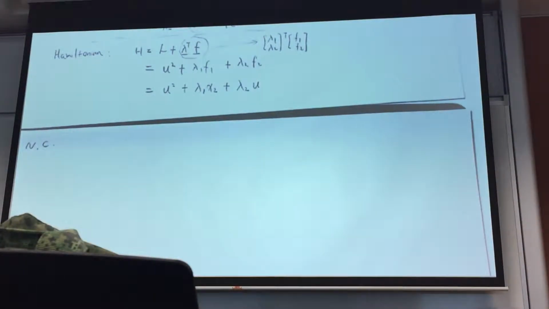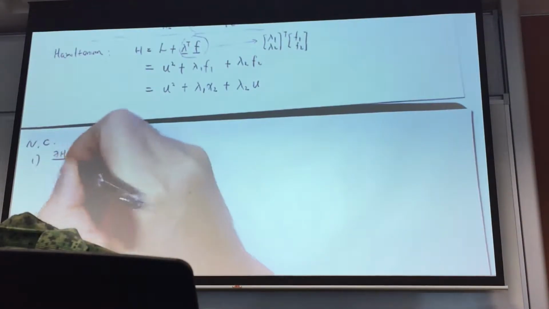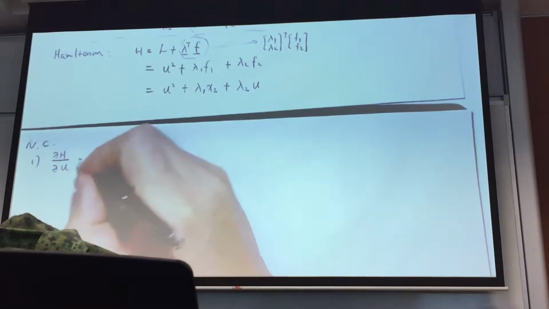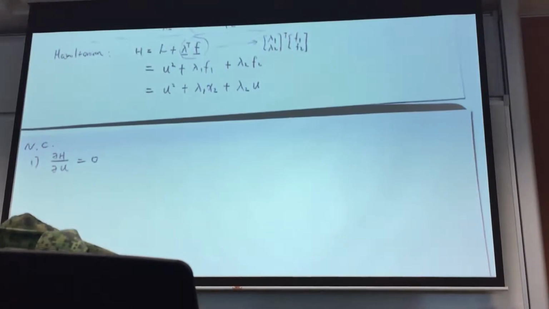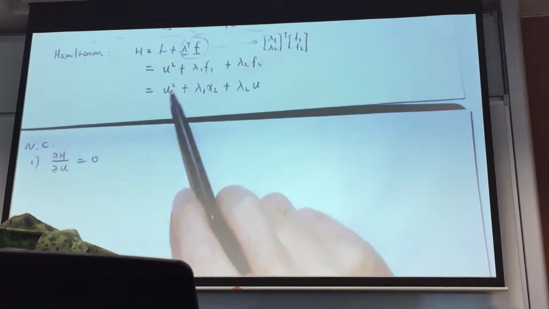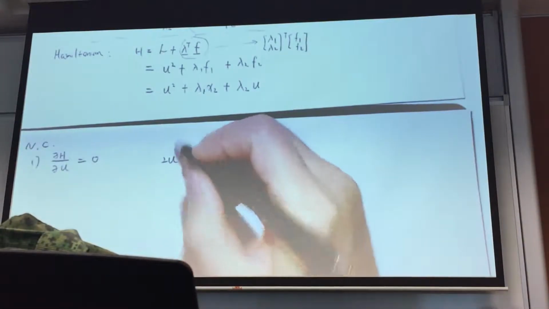For the necessary conditions, remember, we have three sets. The first one is to evaluate dH/du equal to 0. For dH/du, the first part, u squared, gives us 2u.